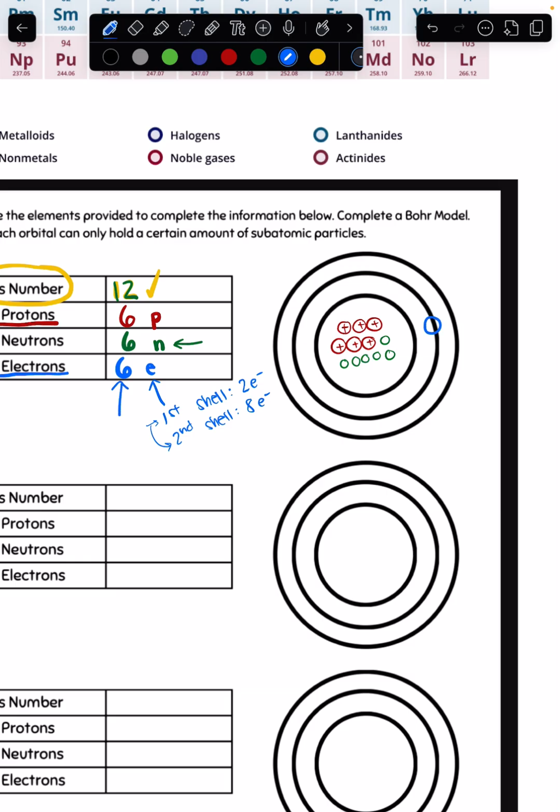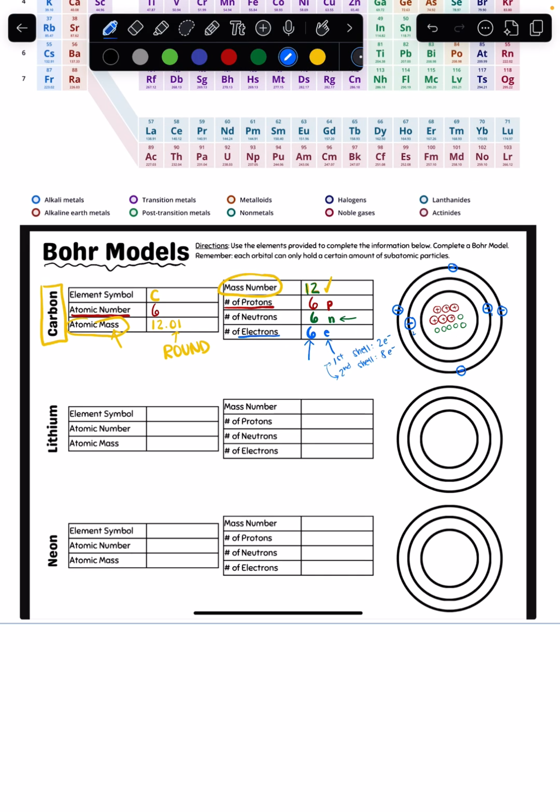So I have 1, 2, and I need 4 more to get to 6, but this shell is full. So I'm going to go to the next shell. So I already have 1, 2, now I'm going to add 3, 4, 5, 6. Okay, so notice how I followed the rules and all of my electrons are on the outside orbitals.